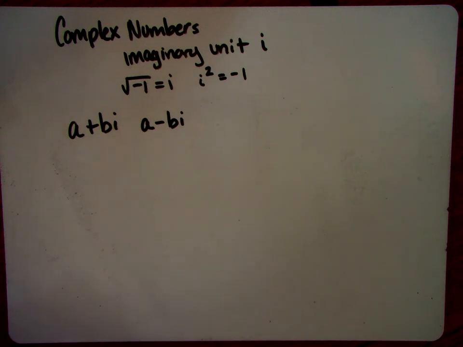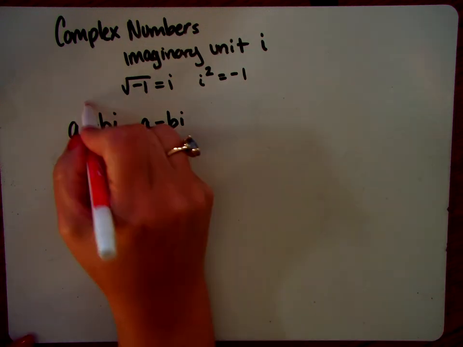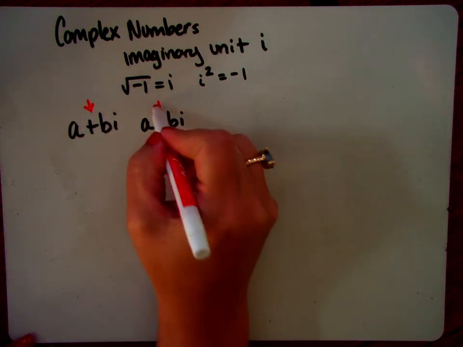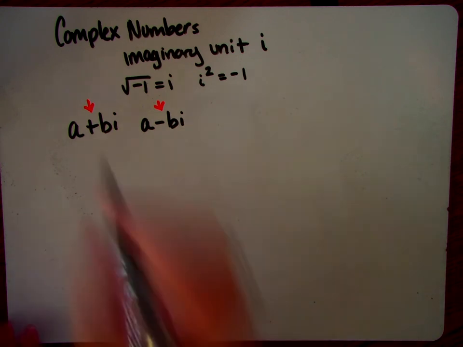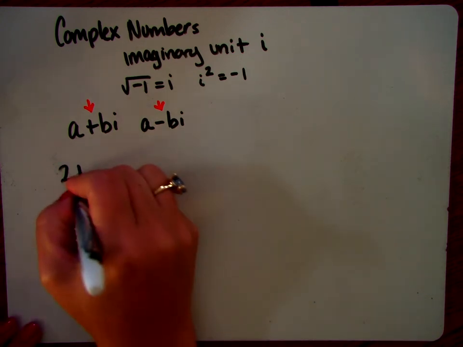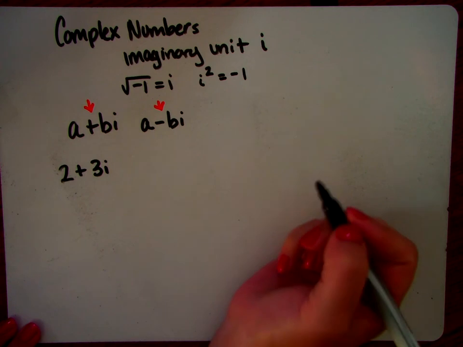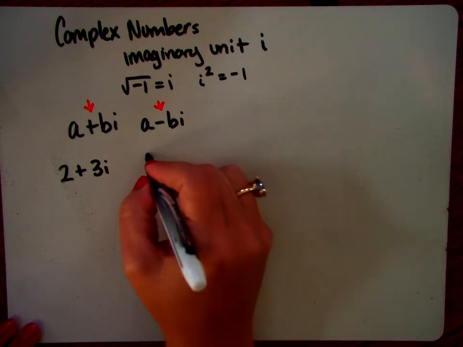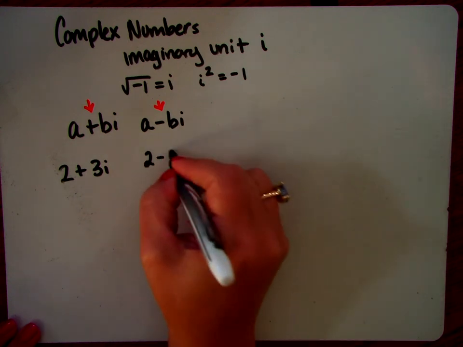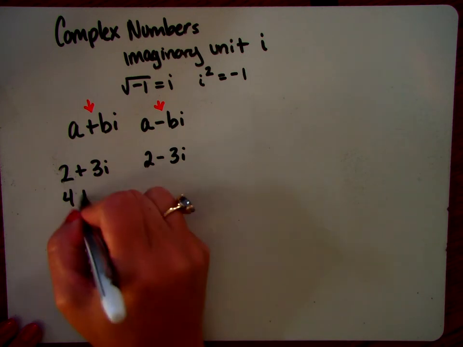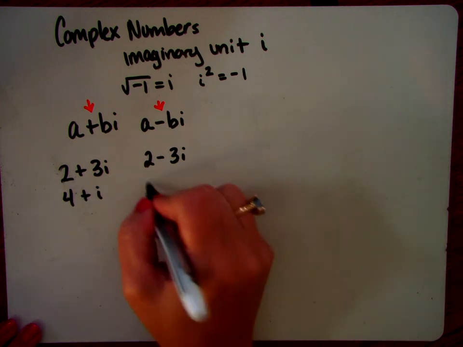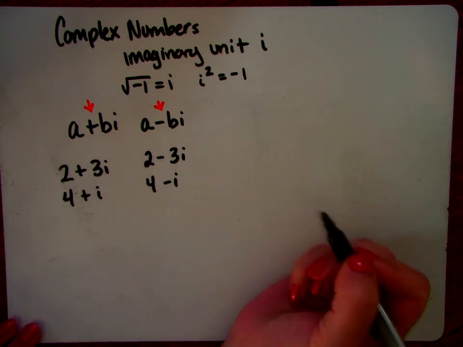The only thing that changed was my sign. So if you have 2 plus 3i, the conjugate would be 2 minus 3i. If you had 4 plus i, you'd have 4 minus i.